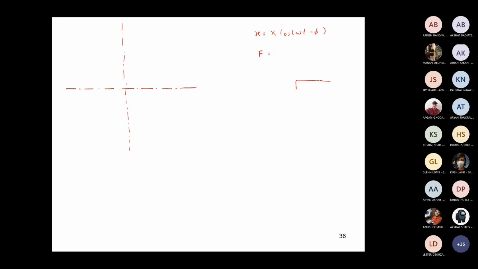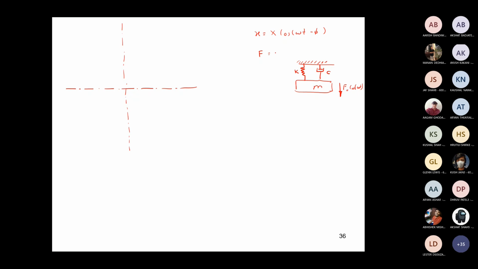Alright, there is a spring mass damper system. Mass, there is a spring, and there is a damper. And to this mass, a force F0 cos omega t is attached.